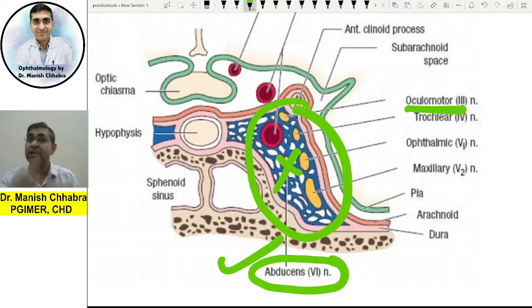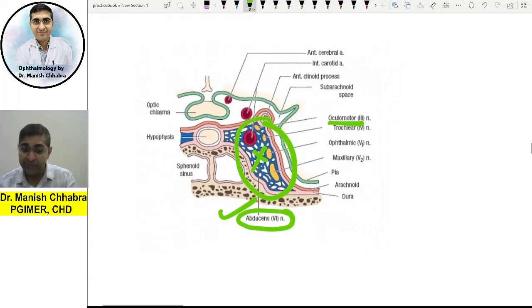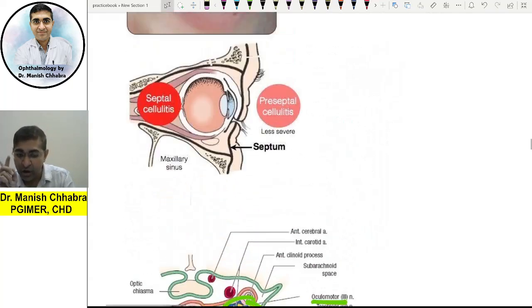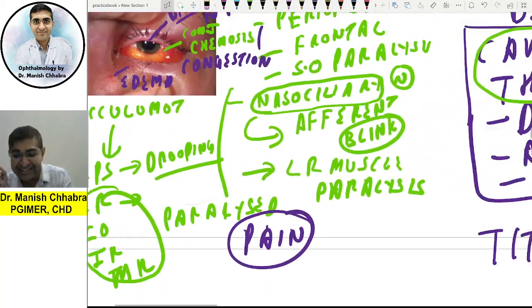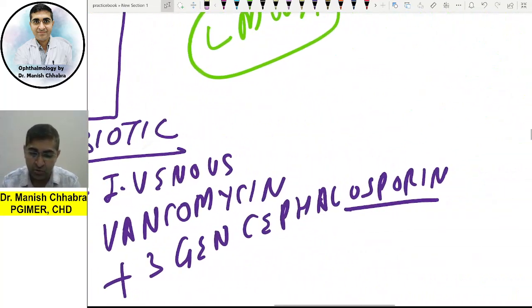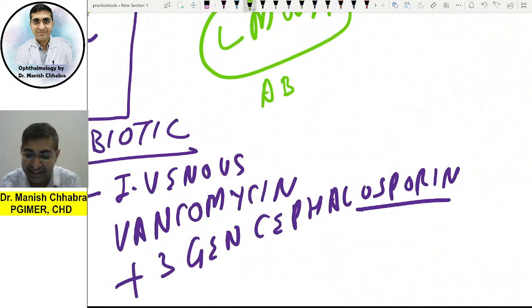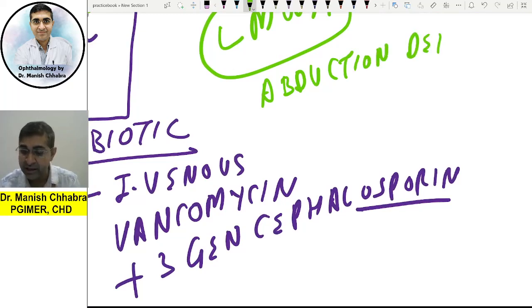So you will know that the disease has now spread from one side to the other side. Which is the earliest feature of involvement of the other side of the cavernous sinus? You call it abduction defect of the other eye, the sound eye: abduction defect of the sound eye.